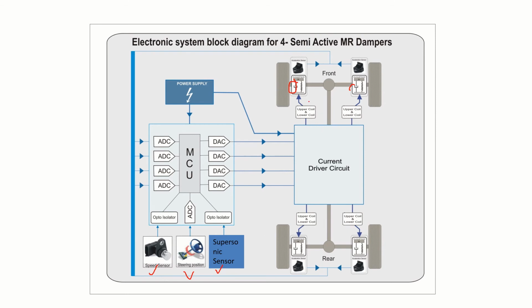The steering sensor will tell you in which direction your vehicle is heading. From the speed sensor I can make out the time available for this wheel to go and hit that obstacle. From the ultrasonic sensor I can find out the distance, and not only that, I can also get an idea of the shape.